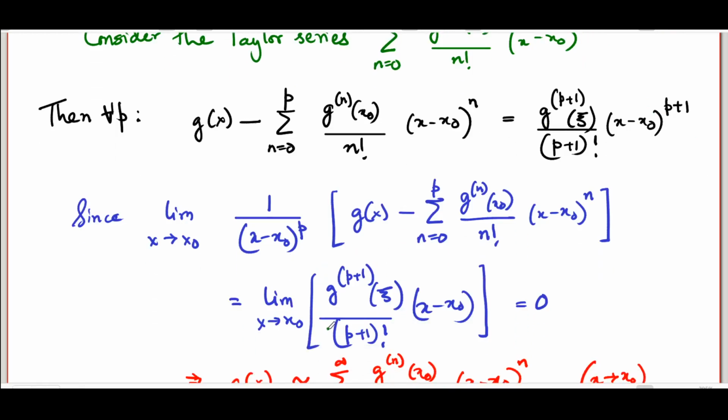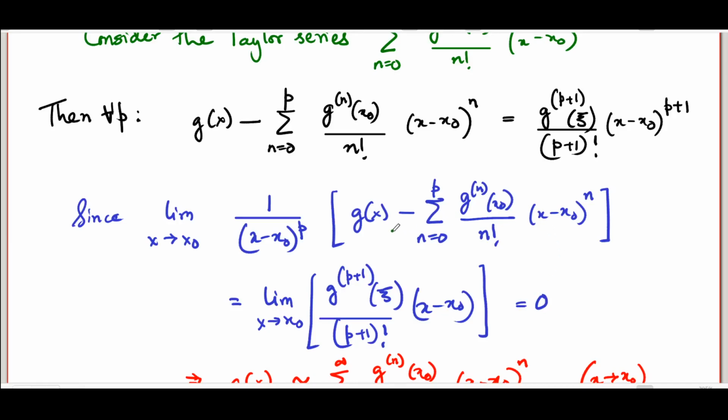As long as g^(p+1) at psi is finite, that is, the function is differentiable at x0 and in some neighborhood around x0, so this derivative exists, this limit is easily seen to be 0.